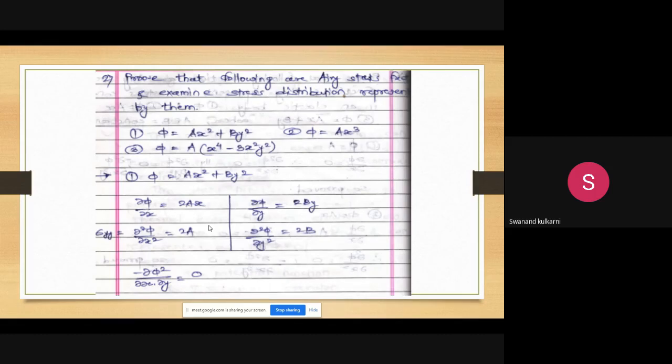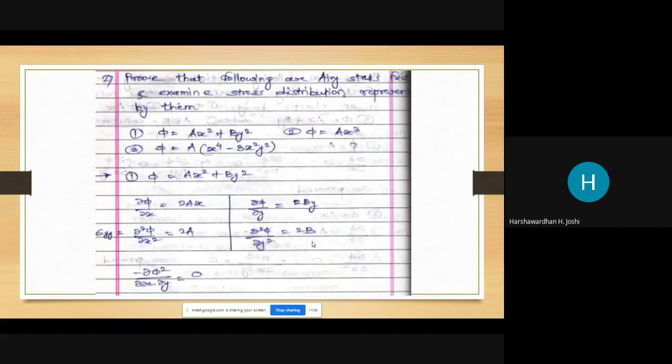With the definition of Airy stress function. Manoj Kharat. What is sigma xx and what is sigma yy for Airy stress function? Okay. Harshvardhan.